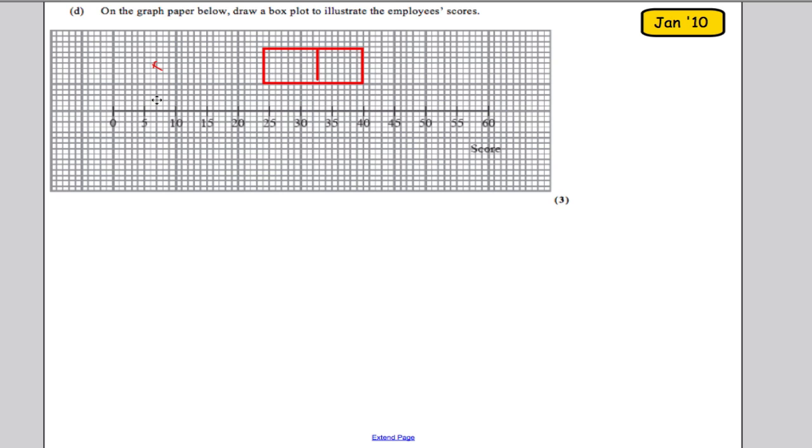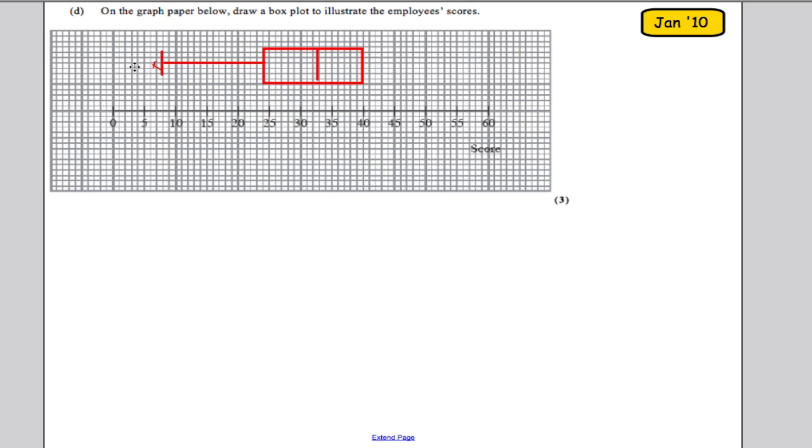And then I have to put in the whiskers. Now the lowest value that is not an outlier, from the outlier test, was 8. So I need to put in a whisker here. You'll also note that the highest value was 40. I've only got one of the whiskers in here.